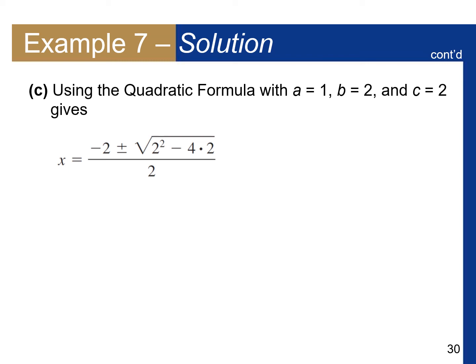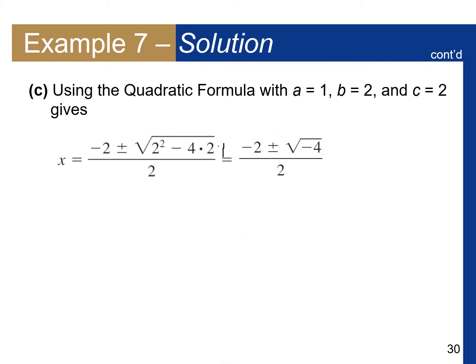All right, thirdly, here's my A, my B, and my C for my third equation. So again, x equals negative b plus or minus the square root b squared minus 4ac all over 2a. Now notice they didn't put the 1 in here for 4ac, but that's because multiplying by 1 doesn't change anything, though they should have probably put it in there.